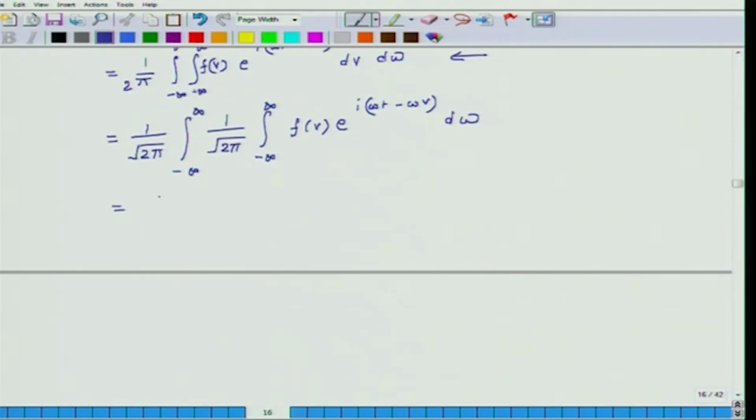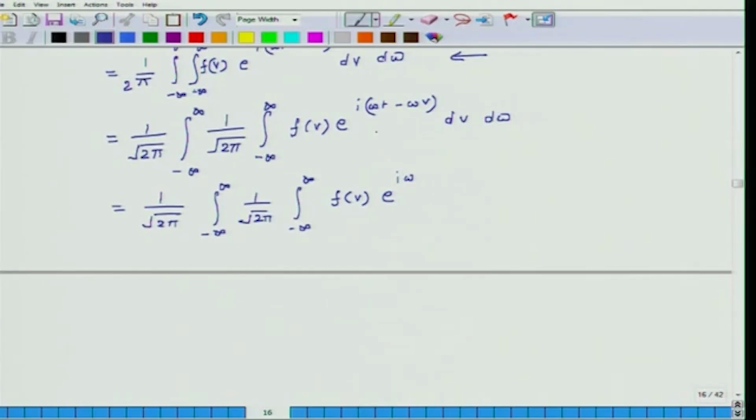And what I do is I further modify it: integral minus infinity to infinity, 1 over square root of 2 pi, integral minus infinity to infinity, f of v. And at this stage I separate omega t and omega v. So I had missed here, this was dv and d omega.